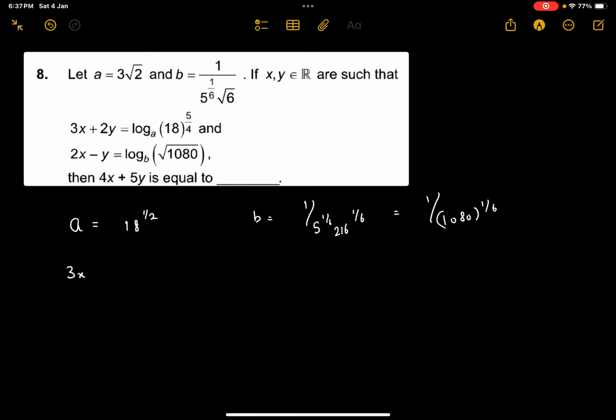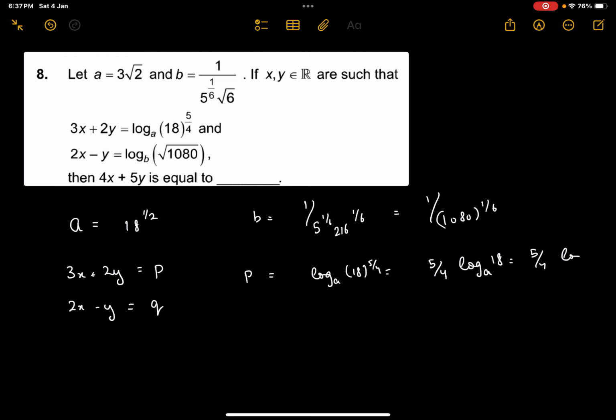Okay, so we have 3x plus 2y equals to, for the time being let's say this is p, and 2x minus y is equals to q, where p is log base a 18 to the power of 5 by 4, which is equals to 5 by 4 log base a 18, which is 5 by 4 log 18 upon log a.